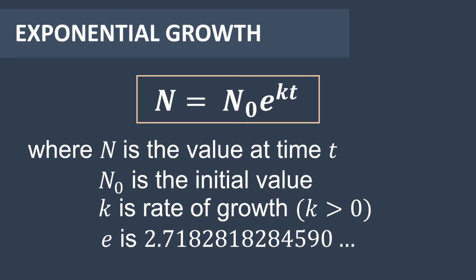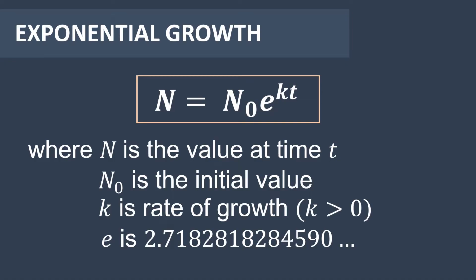Now you are going to encounter problems about exponential growth in which they are not using e, but this time we're going to focus only on the continuous exponential growth or decay. So going back to our formula, N is the value at the time t.